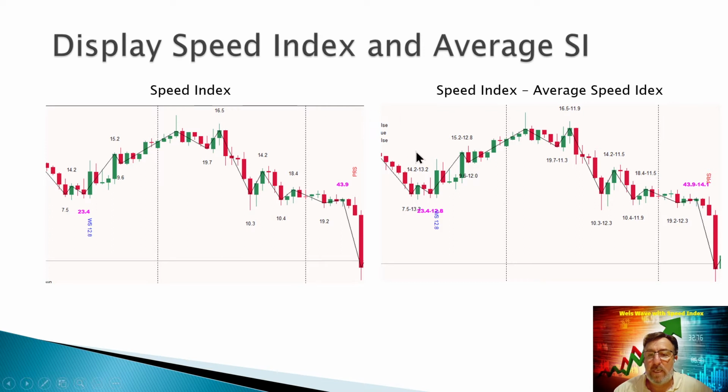So as you can see here, the 15.2, it's also here, but next to it, it's the average. I will show you later on MT4 how to set this up very easily.